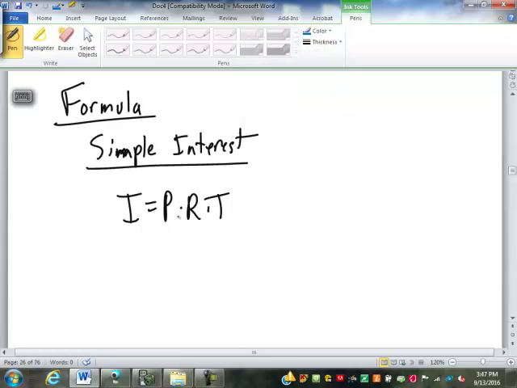So let's say that we are told the amount of interest is $180. The principal is $6,000. And the time, be careful here.